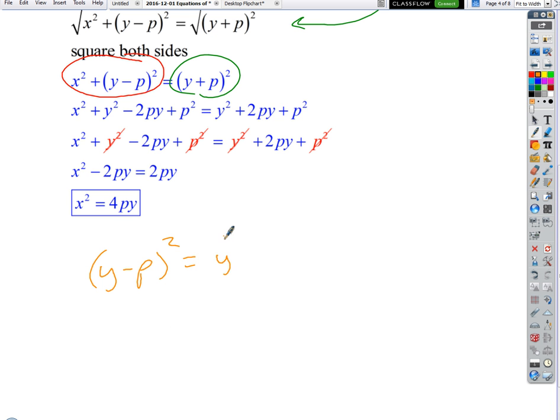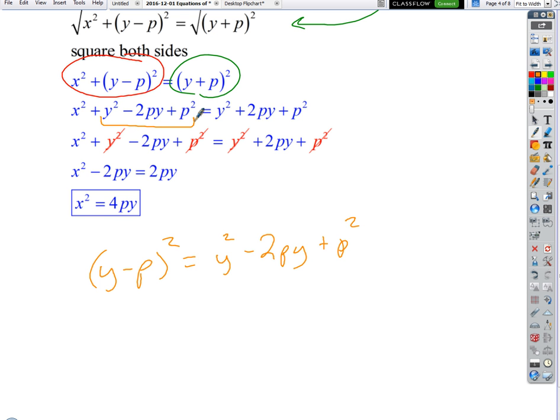So we just get y squared plus 2 times y times negative p, or minus 2py, and then plus negative p squared is just p squared. Everybody see that? Oh, there it is, right there.